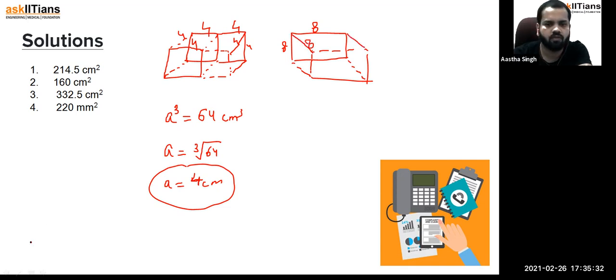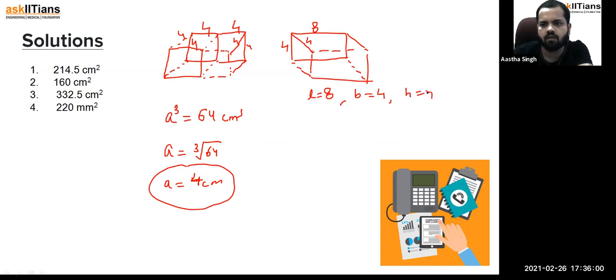Sorry, the width is also 4 and height is also 4. Only the length will increase, because we have not changed the width. That's why, you have basically L is 8, B is equal to 4 and H is equal to 4.